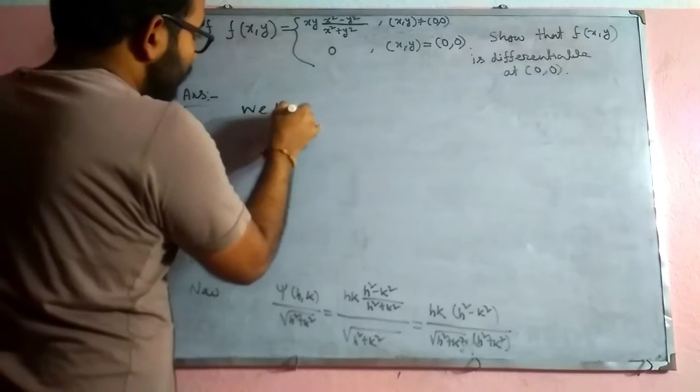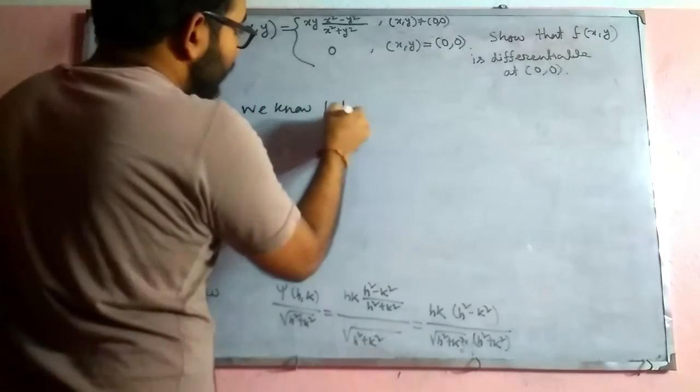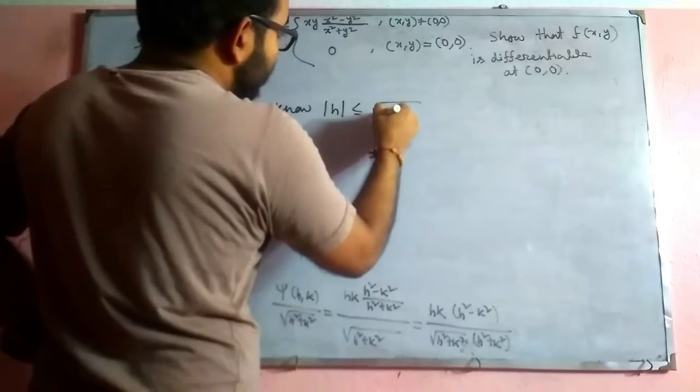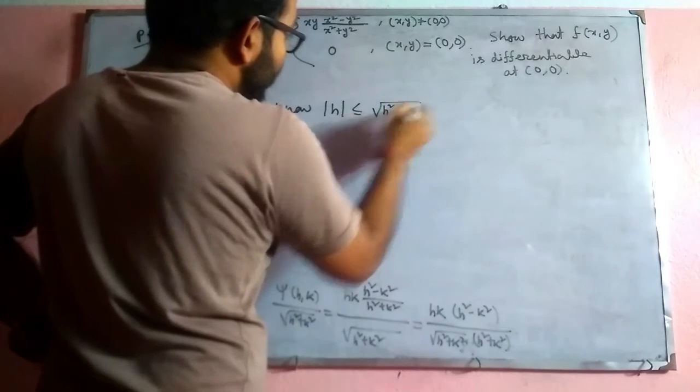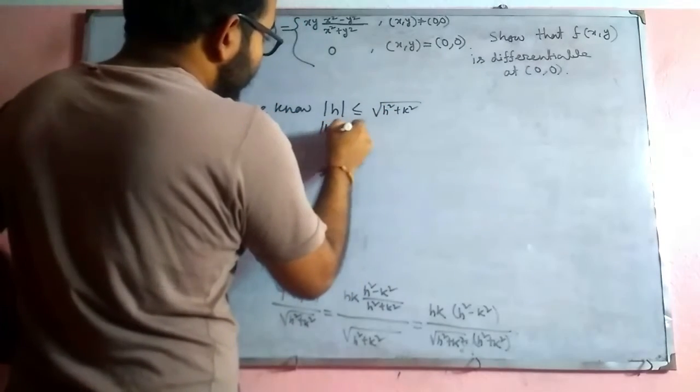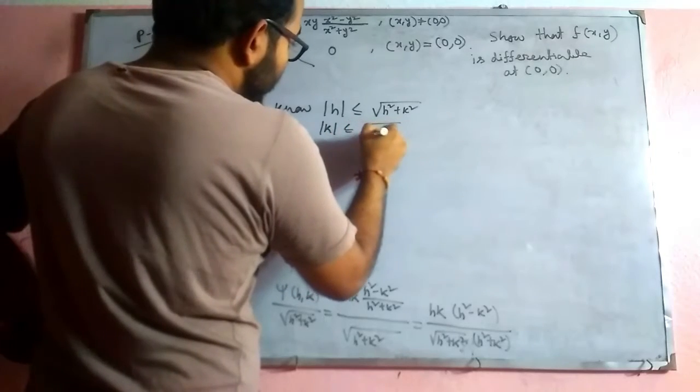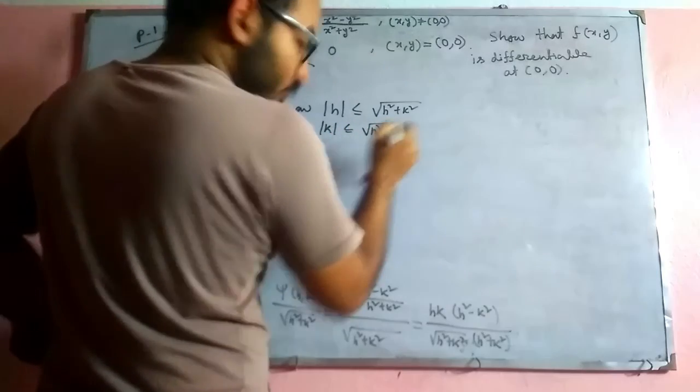We know mod of h is less or equal to root of h square plus k square, and mod of k is less or equal to root of h square plus k square.